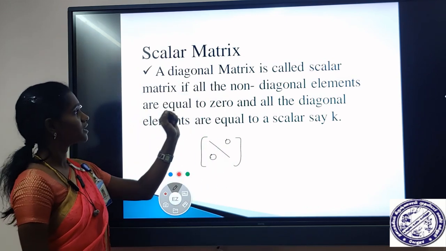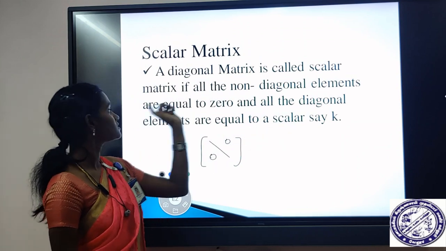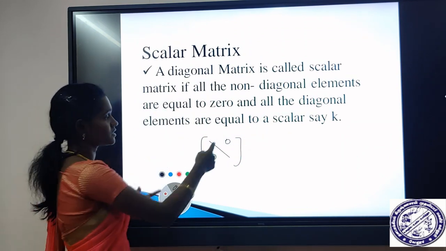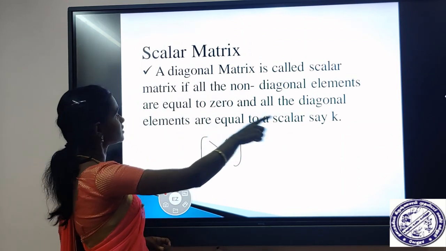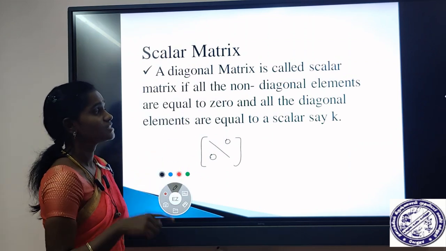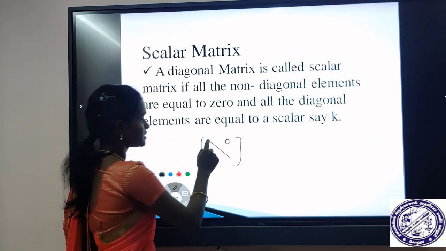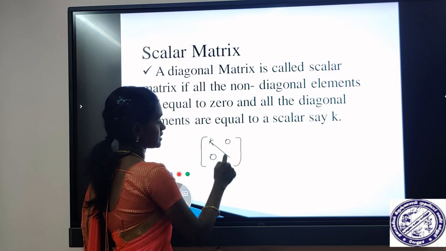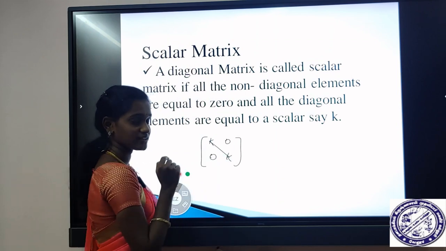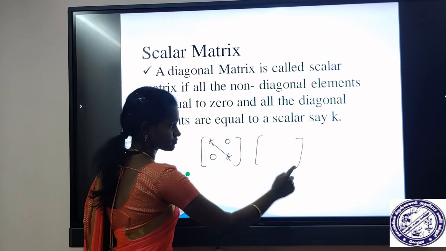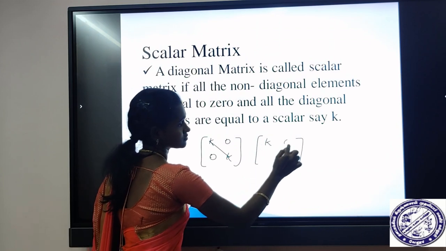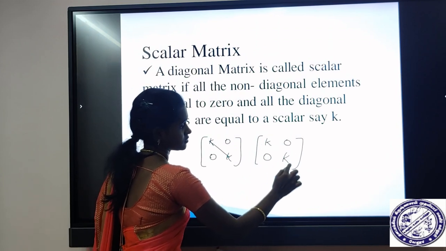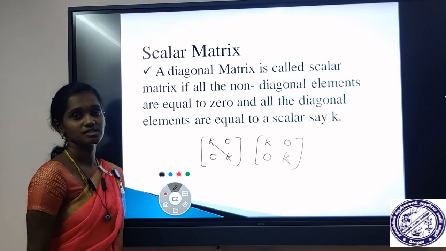It is a scalar matrix if the non-diagonal elements are 0 and all the diagonal elements are equal to k. So I am writing the example. Here we have k, 0, 0, k. This is one example of a scalar matrix.